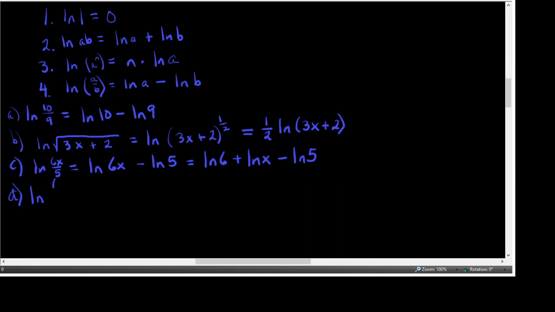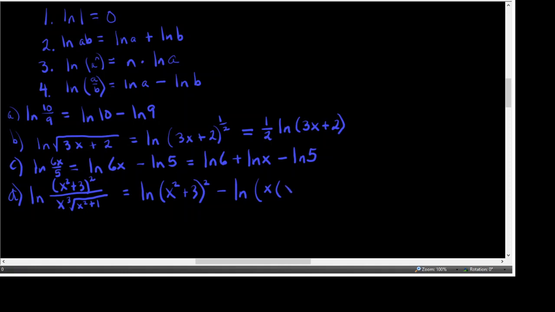The natural logarithm of x squared plus 3, quantity squared, divided by x times the cube root of x squared plus 1. Since that's a quotient, it's going to be the natural logarithm of first the numerator minus the natural logarithm of the denominator, which is a product.